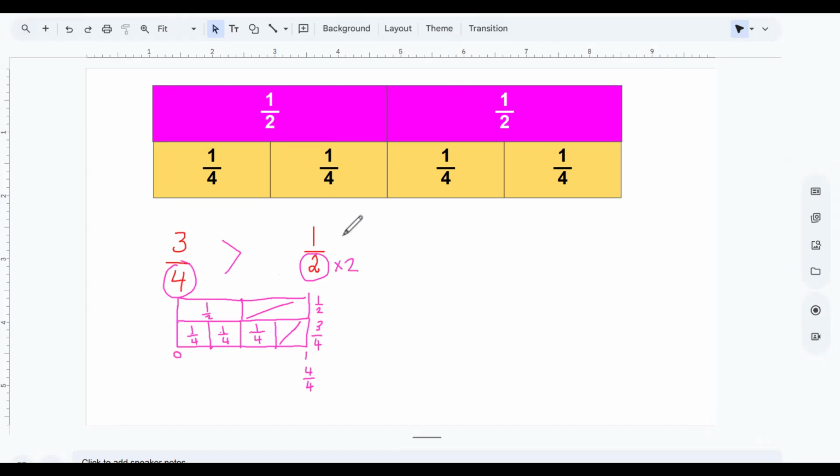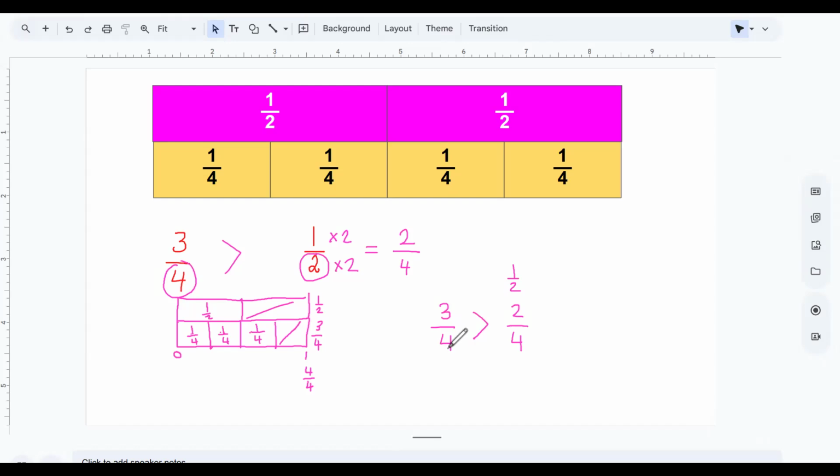So if we multiply 1/2 by 2 over 2, 1/2 is the same amount as 2/4. So if we look at 3/4 and 2/4, which is the same as half, we see that 3/4 has more pieces than 2/4, which is the same as half.